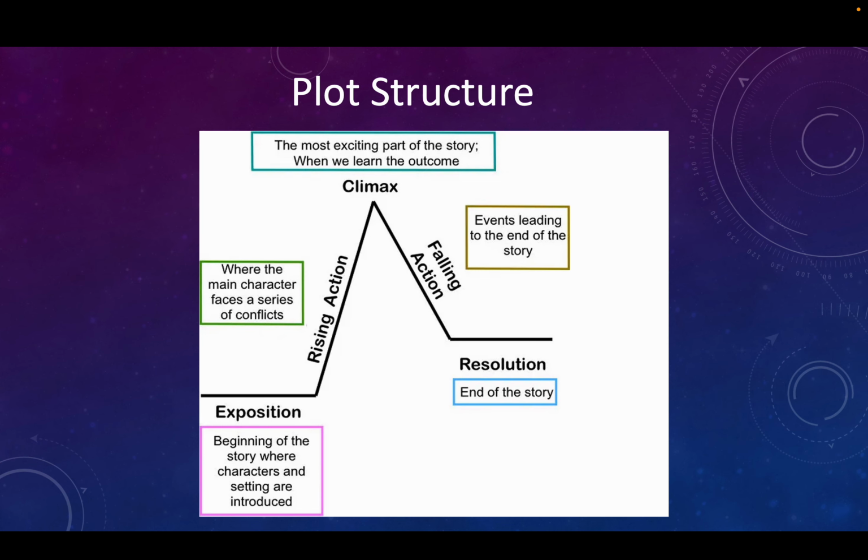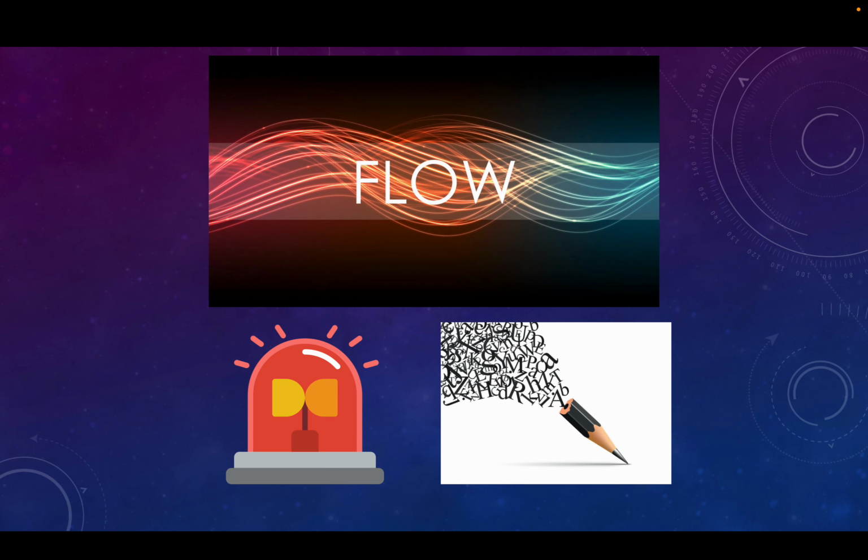All right, let's move on. The next thing you're going to want to do, and this is as you're reading, is make sure that everything is flowing nicely. If you're reading a paragraph or a sentence and you kind of get tripped up as you're reading it, that's like a red alarm going off saying something's wrong with this sentence or this paragraph.